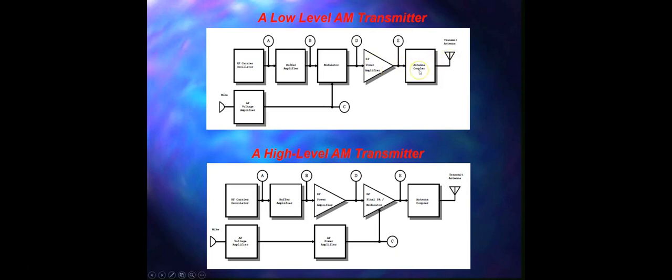Now this antenna coupler you see here is basically a part of the last, or we can say the final stage of this block diagram. It is not really a separate active stage.